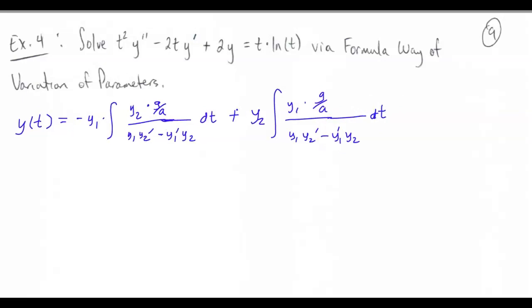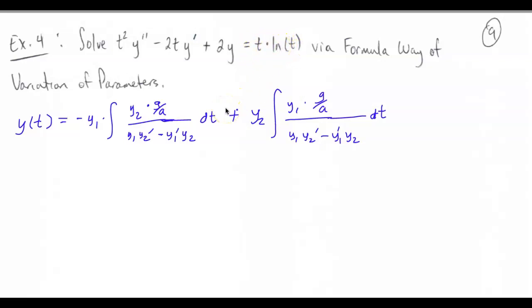All right, so now that we have our formula down here, again we need to make sure that we know what our y sub 1 and y sub 2 are, and these are the basis functions for our homogeneous solution to this corresponding equation here. Basically let all of this, the t times natural log of t, equal 0.